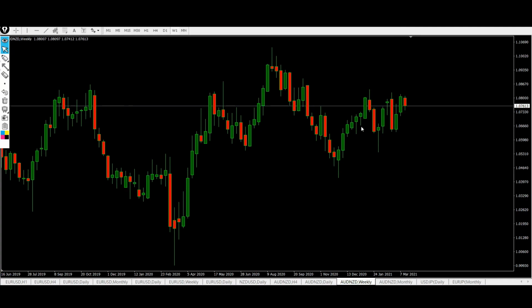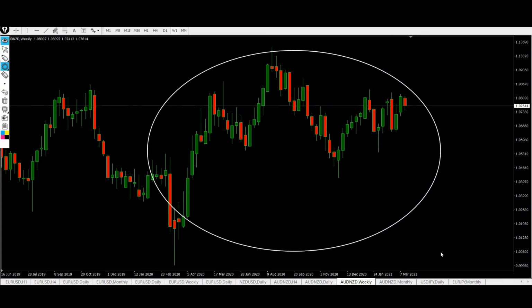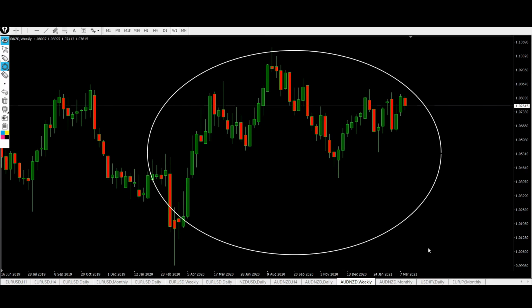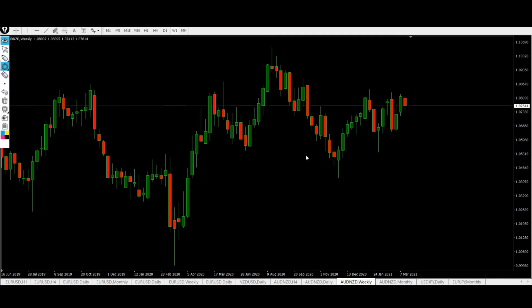Okay, so on the weekly chart, that area we were talking about is right here. Let's see the finer details of what was happening in this area. First of all, we could see that there was a resistance here.